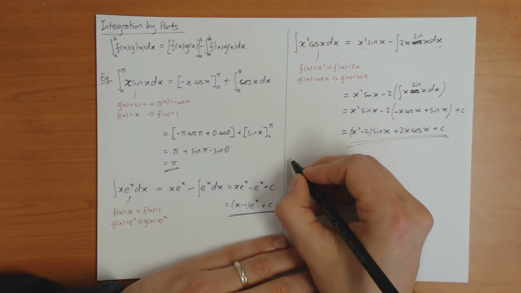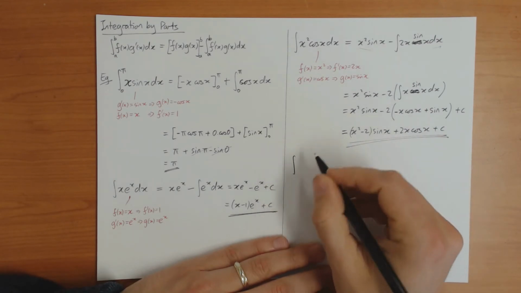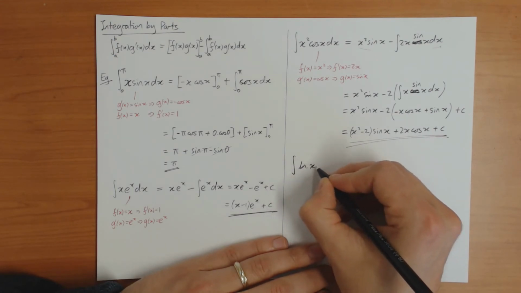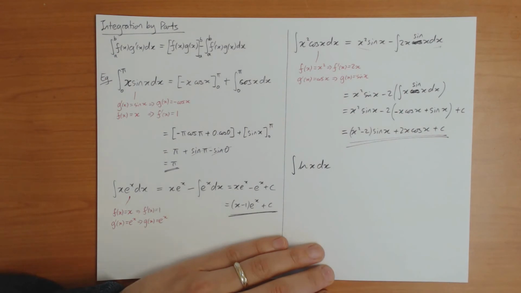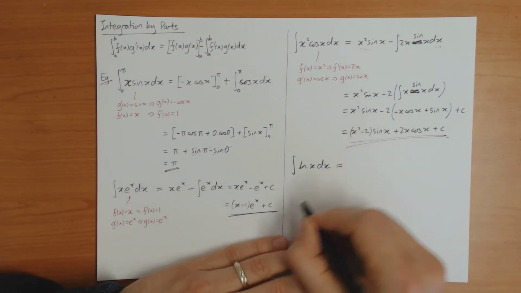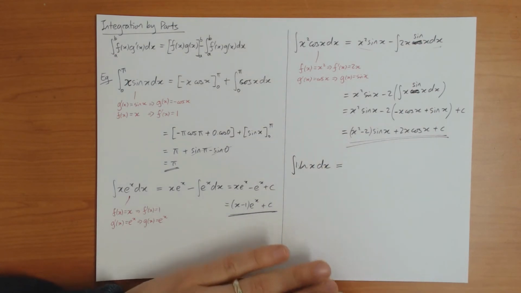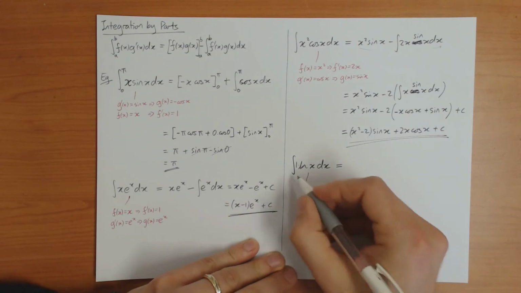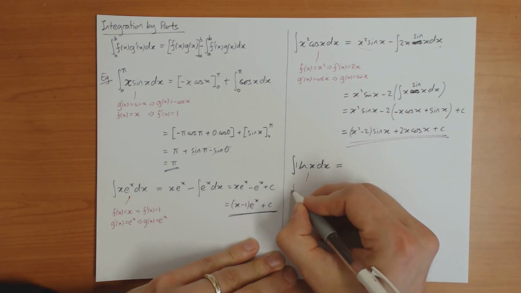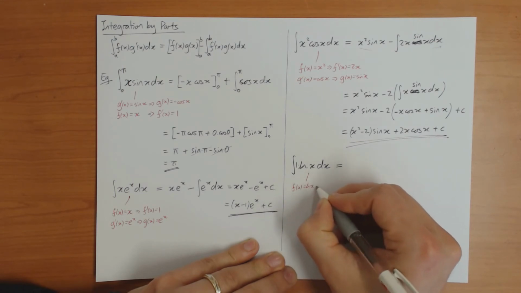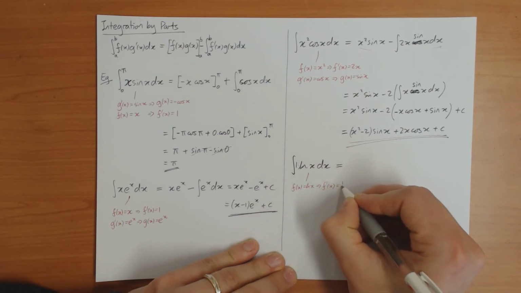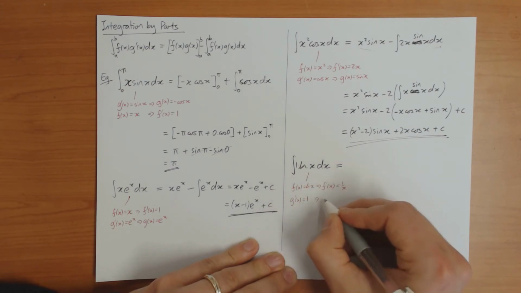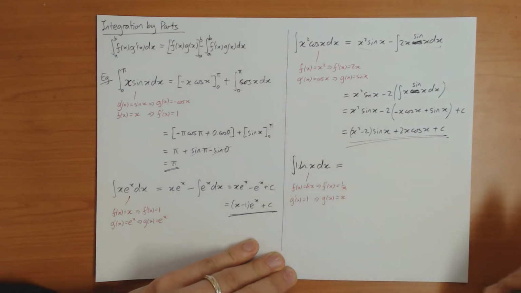Okay, a final example, which is not clearly an integration by parts, but is one where you can do it, is suppose you want to integrate an inverse function. So if you want to integrate something like log of x dx, then one way you can do this is by imagining that there's a second function 1 in there, and then integrating the function 1. So you say that f of x is log of x, so therefore f prime of x is 1 over x, and g prime of x is 1, so therefore g of x is x.